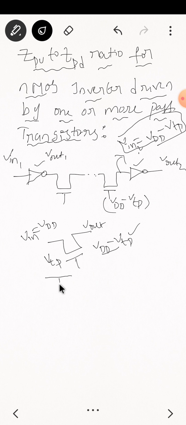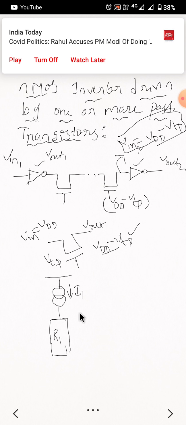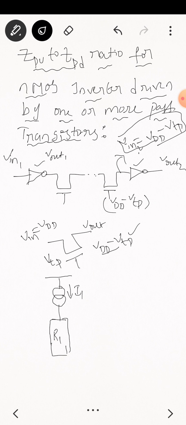I am taking the pull up transistor as a current source passing current I1, and the pull down transistor as a resistance. So it produces some resistance, I am taking it as R1.